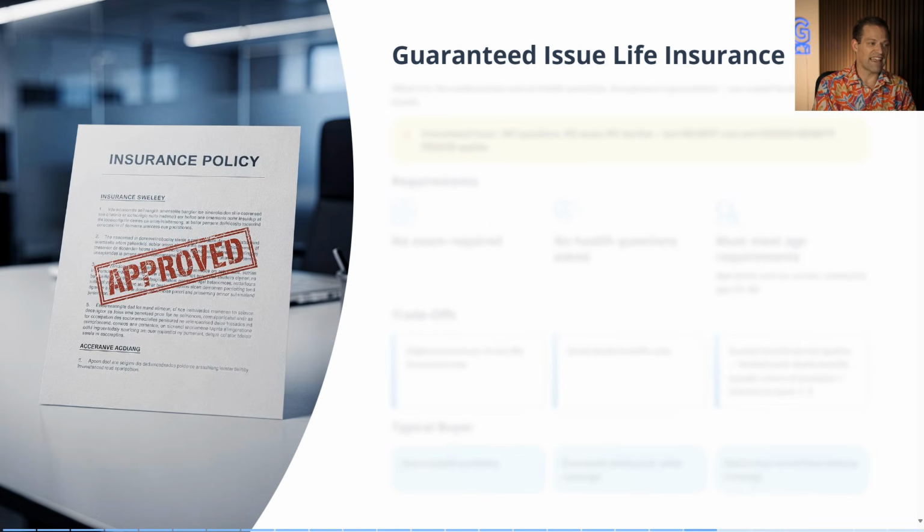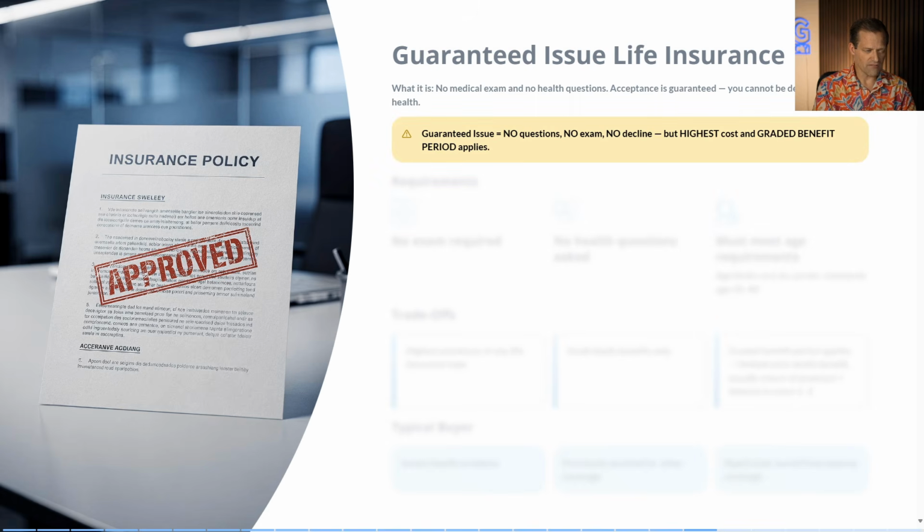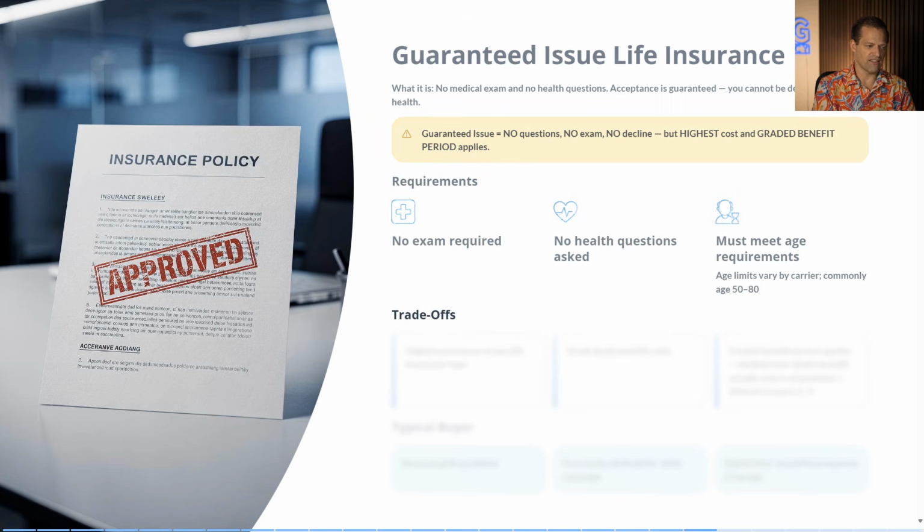And last but not least is guaranteed issue life insurance. So this is no medical exam and no health questions. Acceptance is guaranteed. You cannot be declined based on your health. So for the exam, remember, guaranteed issue means no questions, no exam, no decline, but highest cost and graded death benefit period applies. So again, typically you see an age requirement of having to be at least 50 to 80, although there are some plans you don't, and some plans go above that.